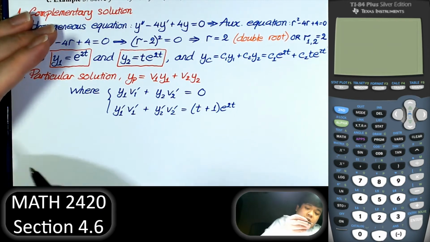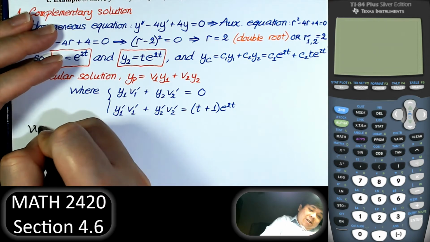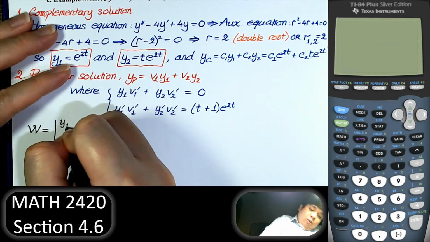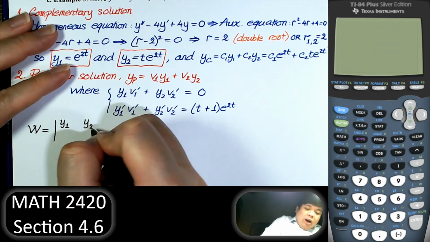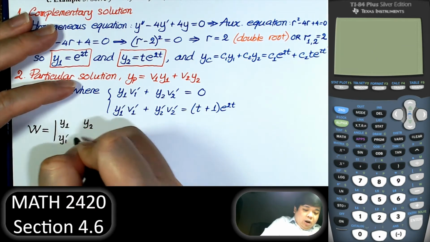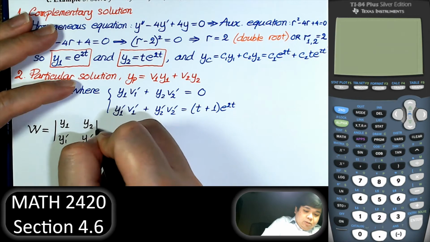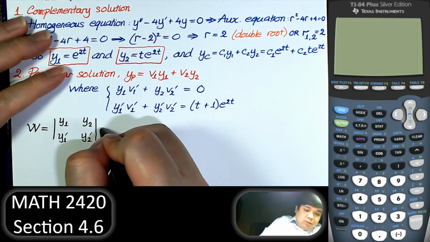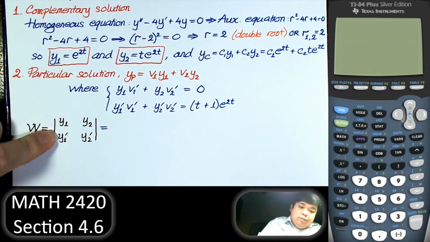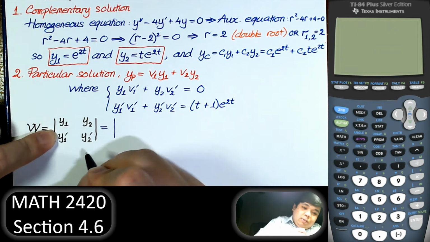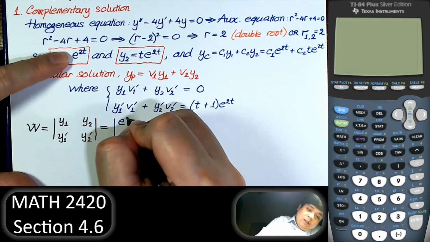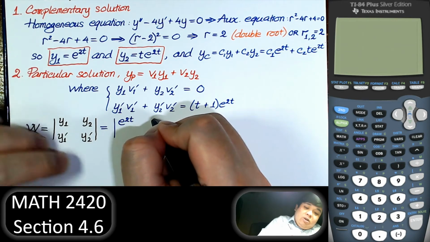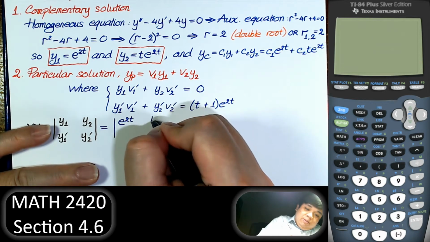So there will be a bunch of W's. The first one: y1, y2, y1 prime, y2 prime. y1 is e to the 2t, y2, that's not going to be simple.